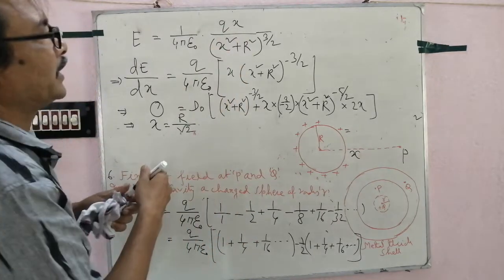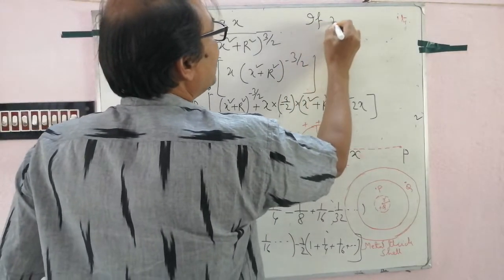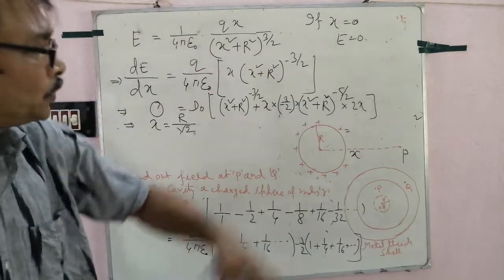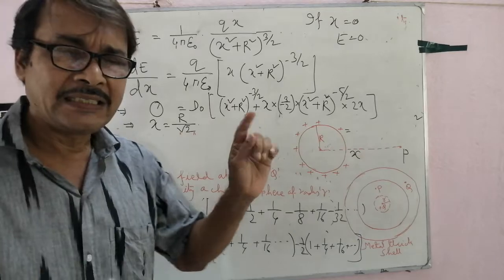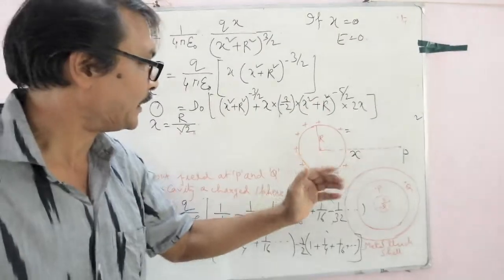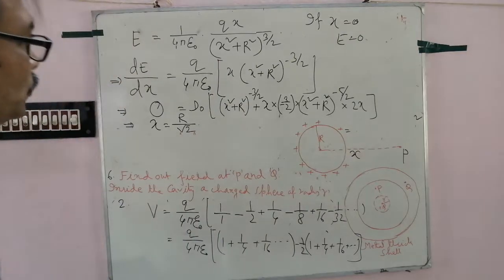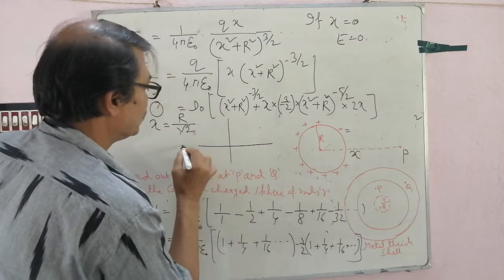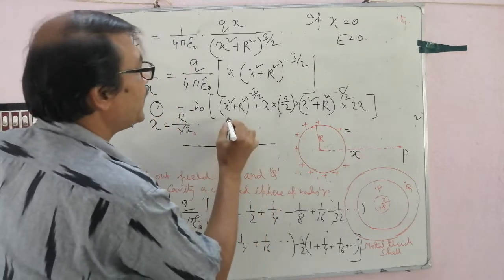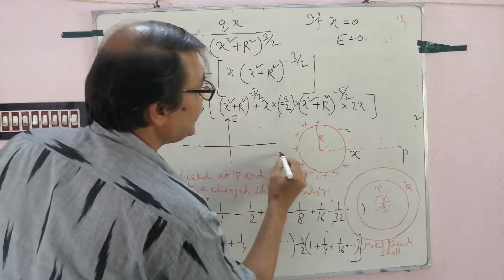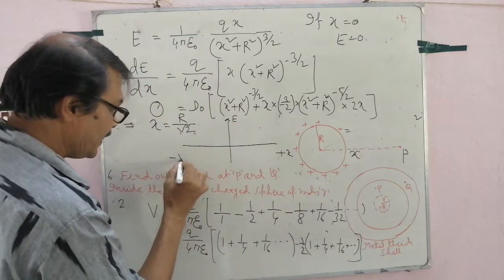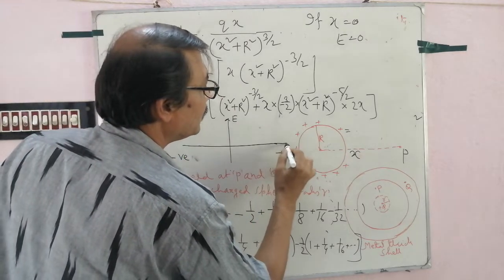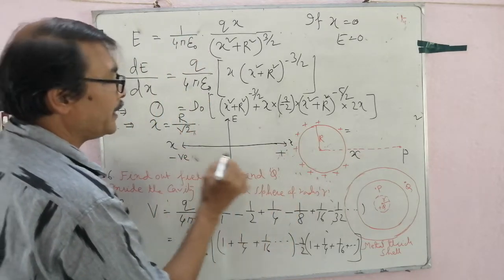We know from this equation, at the center of the ring, if x equals 0, E equals 0. So at the center of the ring, the field is 0. Okay. So what will be the graphical representation of field versus distance due to a charged ring? Follow. Electric field on the y-axis, this is positive x, this is negative x.